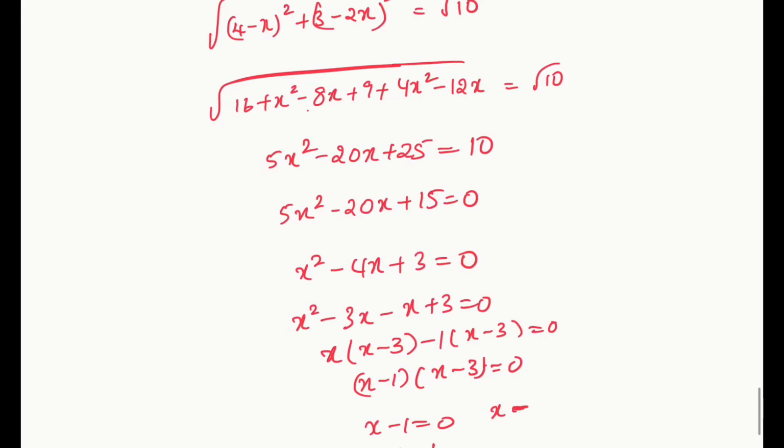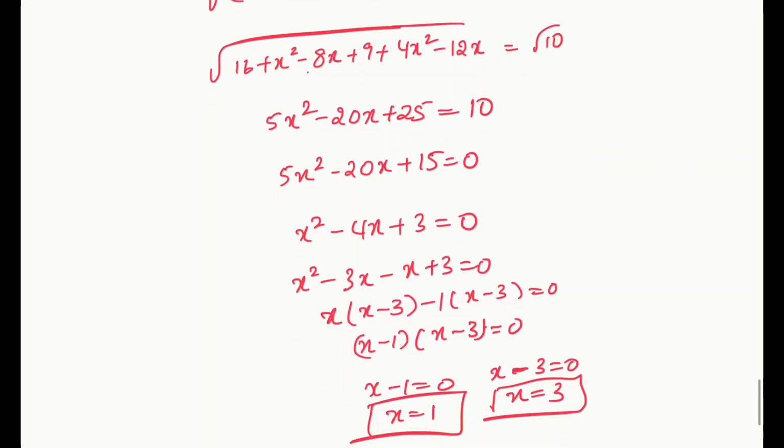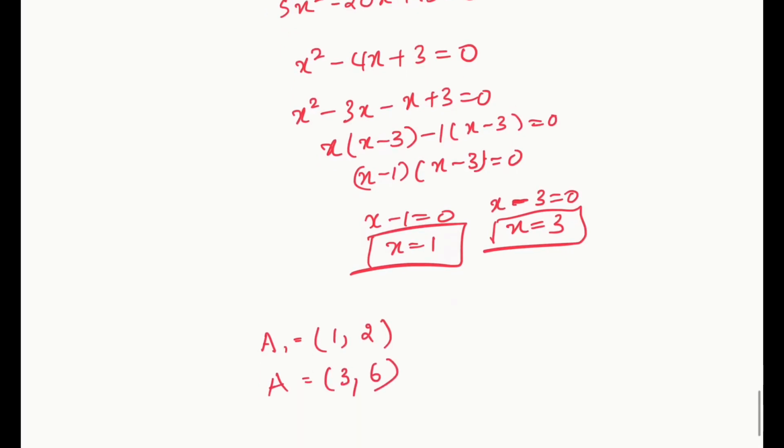X minus 3 equal to 0 gives x equal to 3. So what will be the point? If x is equal to 1, your point will be (1, 2). If x is equal to 3, your point will be (3, 6). So you get the point A like that.